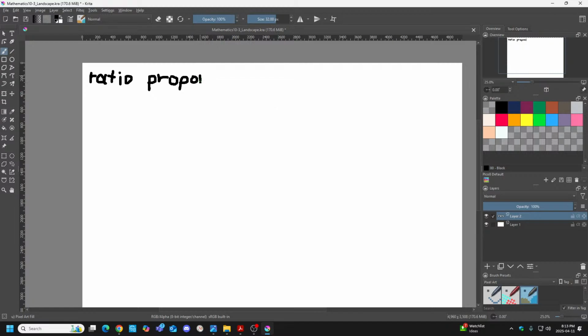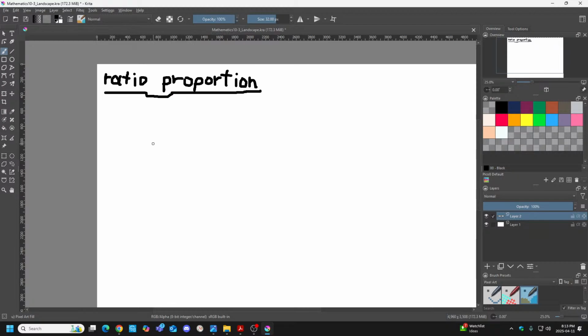I'll fix it. Okay, there we go. And ruler. Just go like that. If I go slower, I could do a nice straight line. Not bad. Okay, there we go. Ratio proportion.